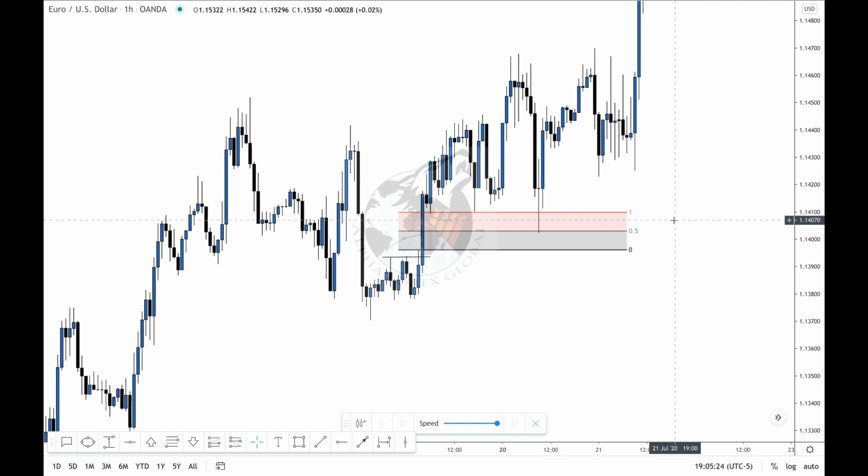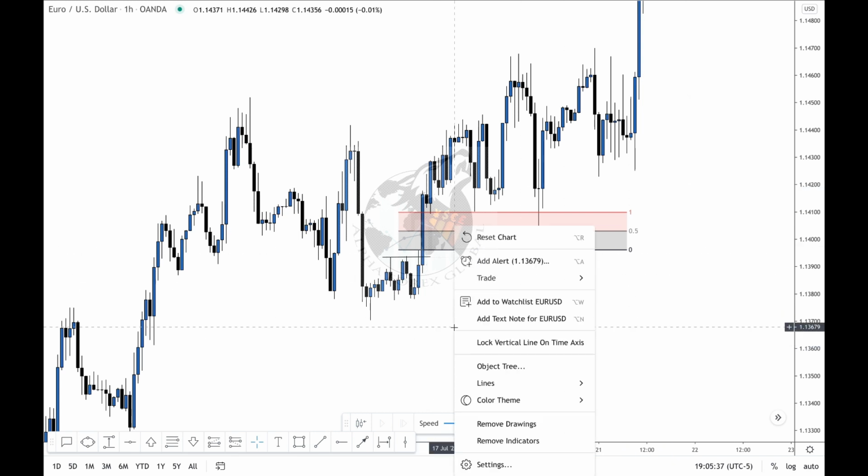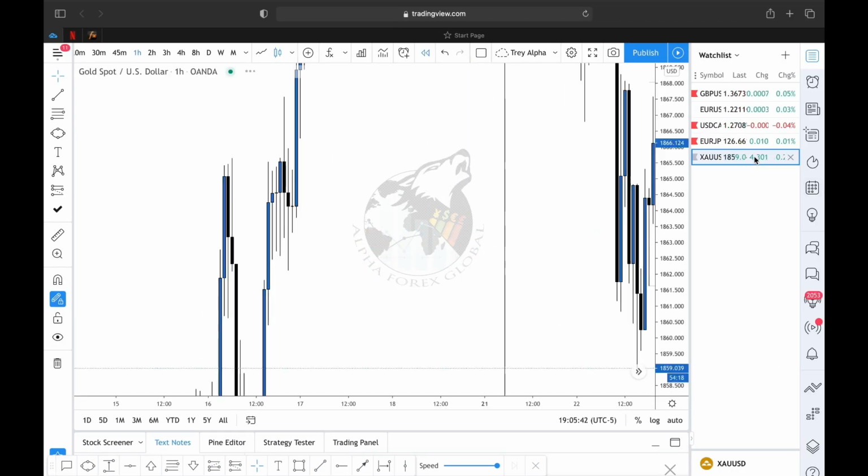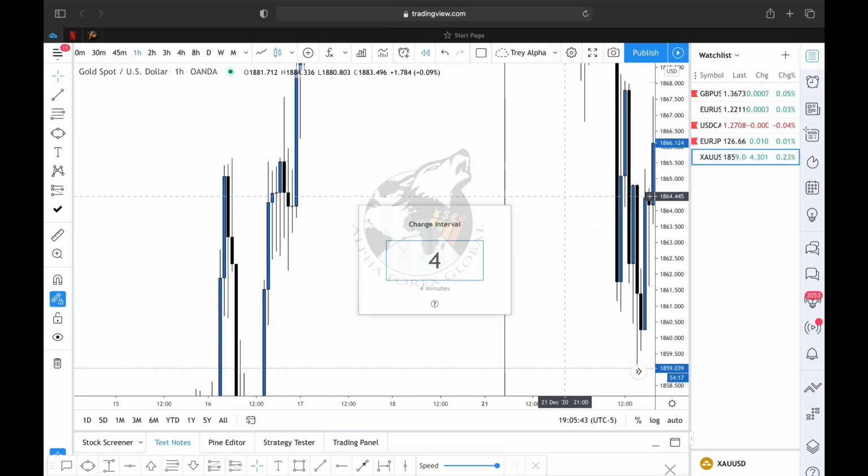One thing to note, guys: if you have an inefficiency and an order block at the same place, I'm going to show you how to draw that point of interest. Let's look at this example on gold.